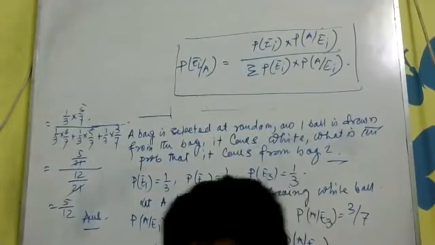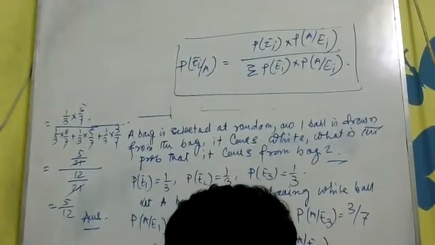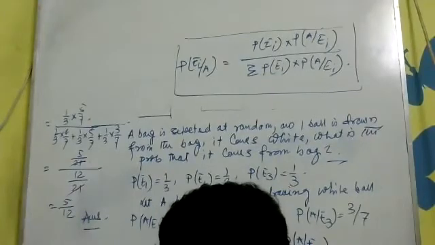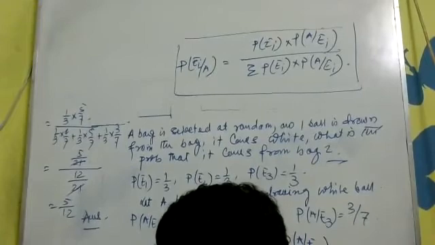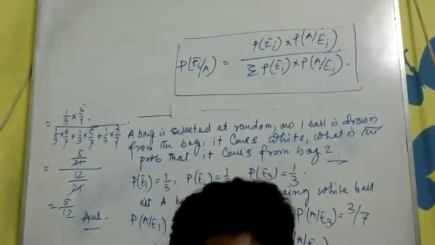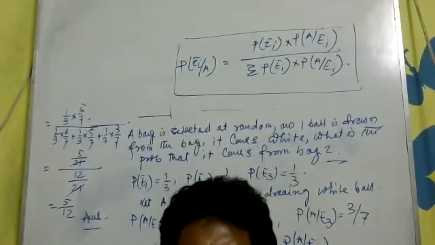A hand of a specified player will contain all 4 aces. एक ही आदमी के हाथ में 4 एक का आएगा.